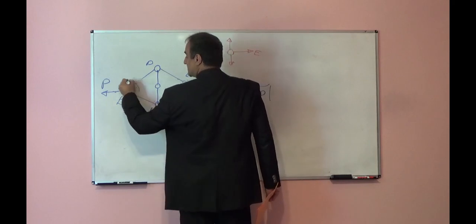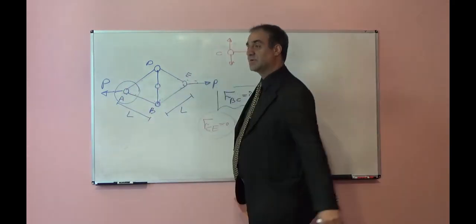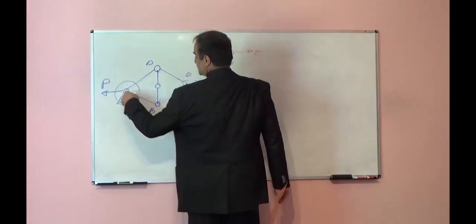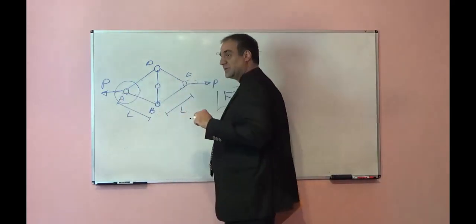You can first cut this joint and write the summation of forces in the horizontal direction and vertical direction. From symmetry, the force in AD and AB should be equal.